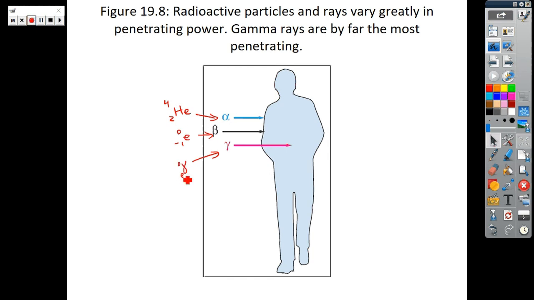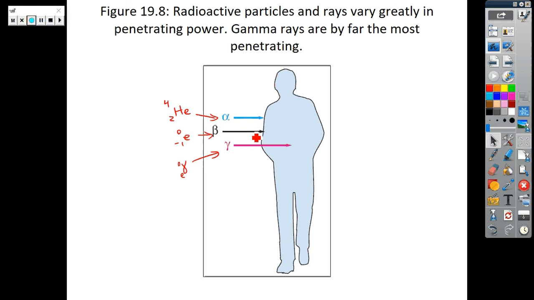And so if you start looking at these three different kinds of particles, this particle is humongous compared to these other particles. And so this big whopping particle can't go through materials very well just because it's so chunky, if you would excuse the expression. And then the beta particles, these guys are electrons, and electrons are pretty small. So if you have some really fast moving electrons, they can penetrate through materials.